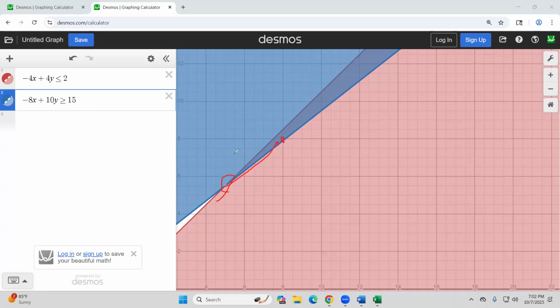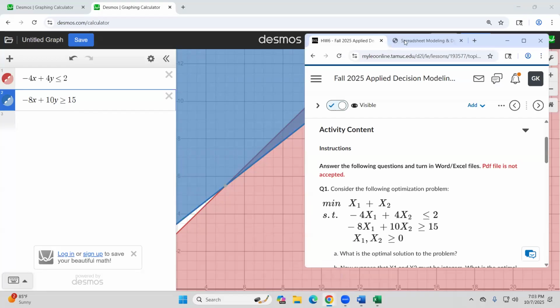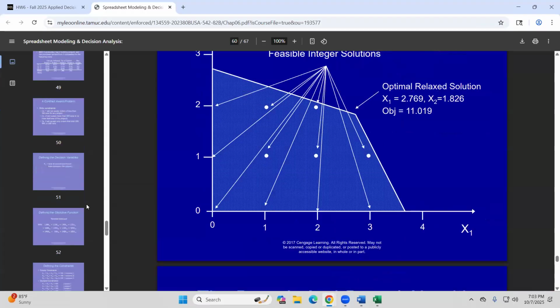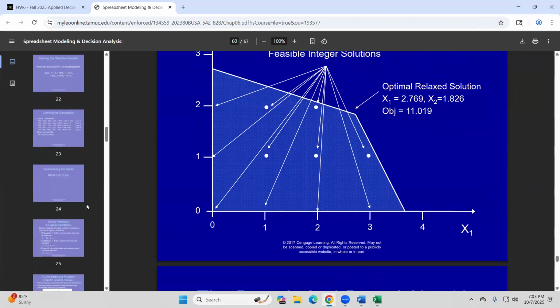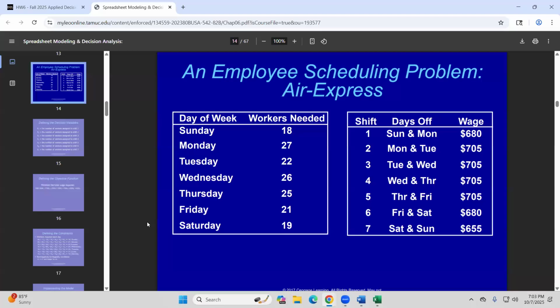So this time, we want to see some of the examples where this can happen in the modeling. All right, so this is a very good problem. Here we have 7 shifts that work 5 days, then have off for 2 days.